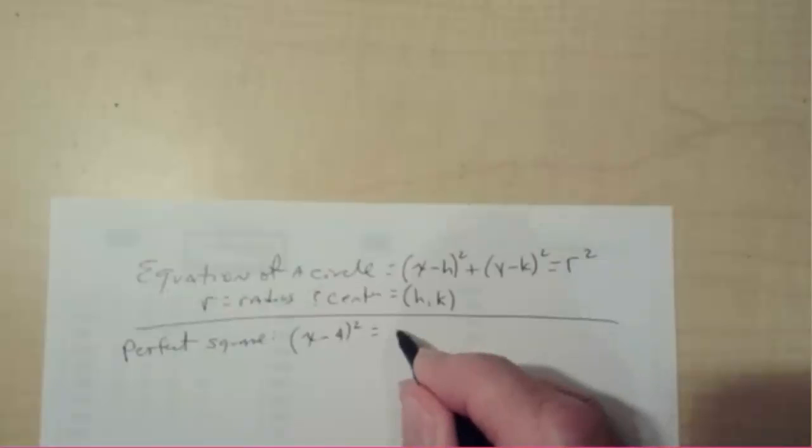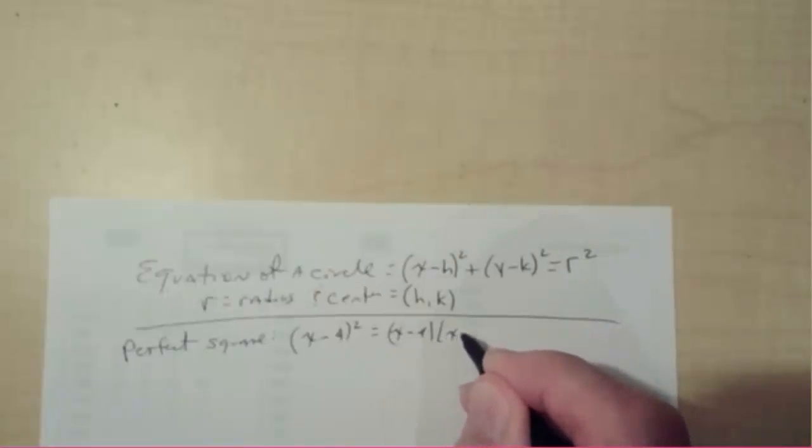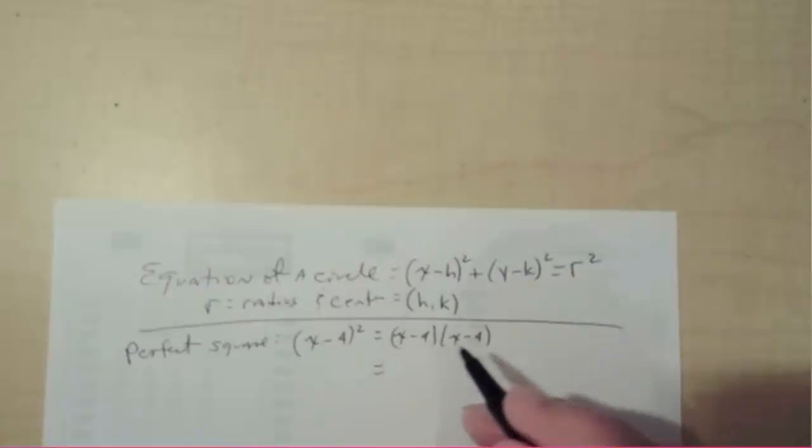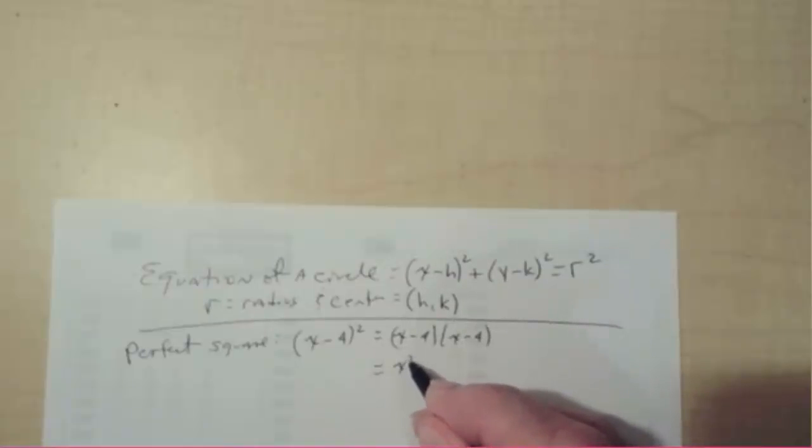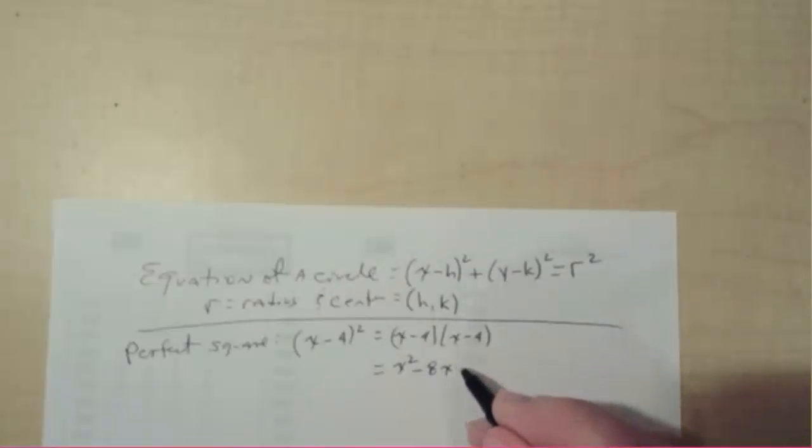That means x minus 4 times x minus 4. Same thing twice. If you do the distributive property here, you get x squared minus 8x plus 16.